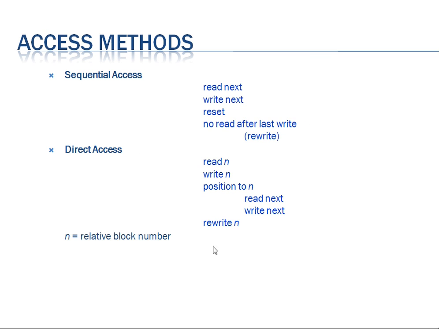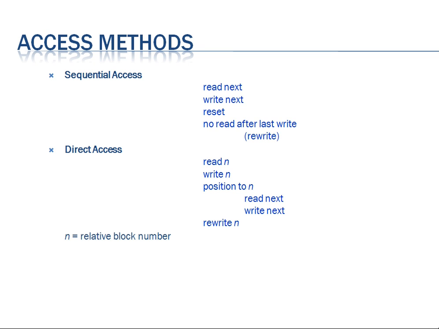Now in case of direct access, we'll be performing a read operation on n, where n is the relative block number. So within a file, we will be jumping to a relative block number and will perform read from there. So this is direct access. We are not reading location by location.